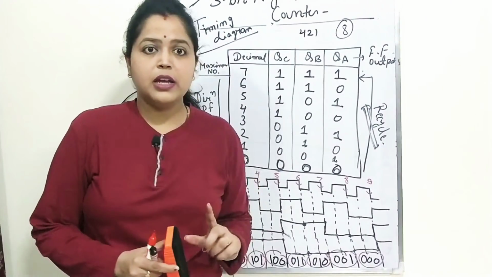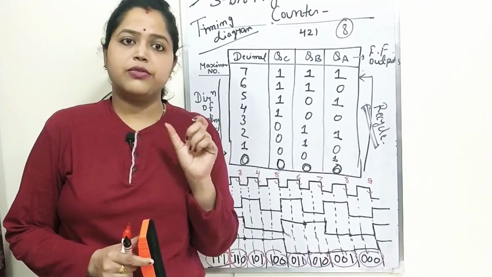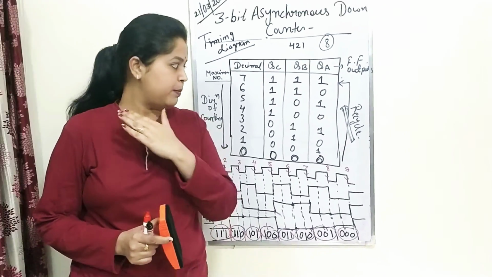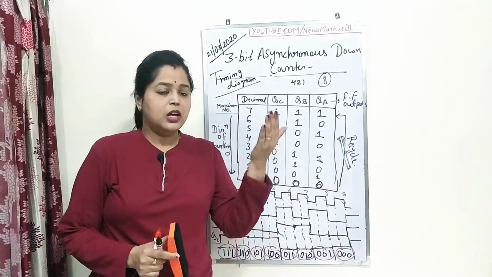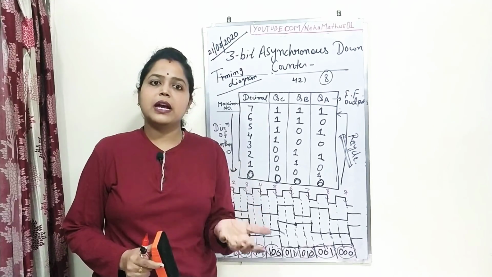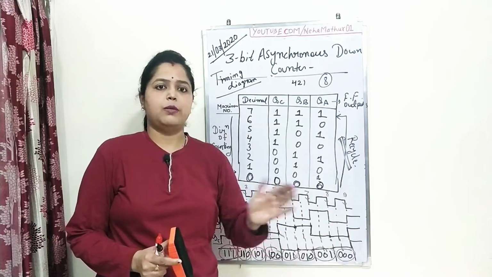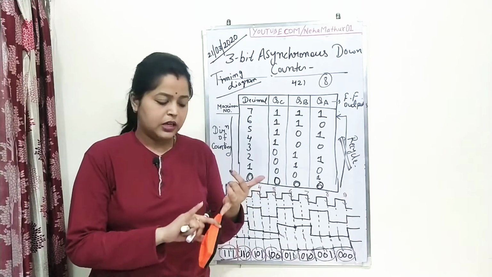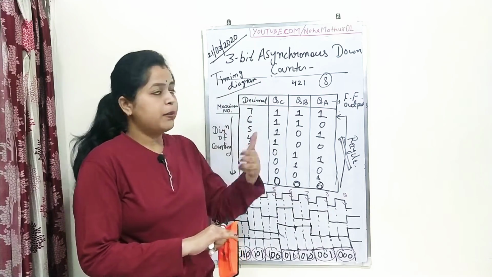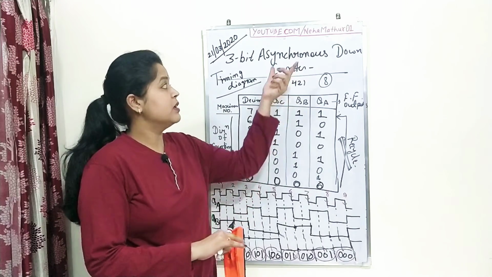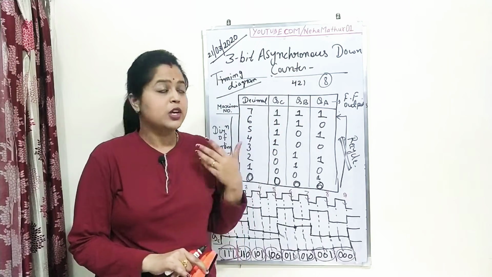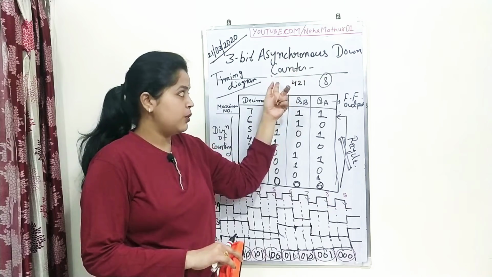By applying only one single clock at flip-flop A, you can operate the whole circuit, because the remaining flip-flops get their clock from the previous flip-flops. Fine. So you must have the idea about the proper difference between asynchronous and synchronous counters.